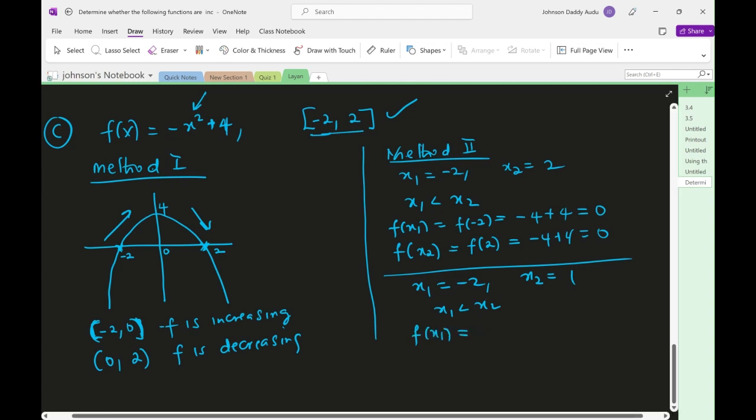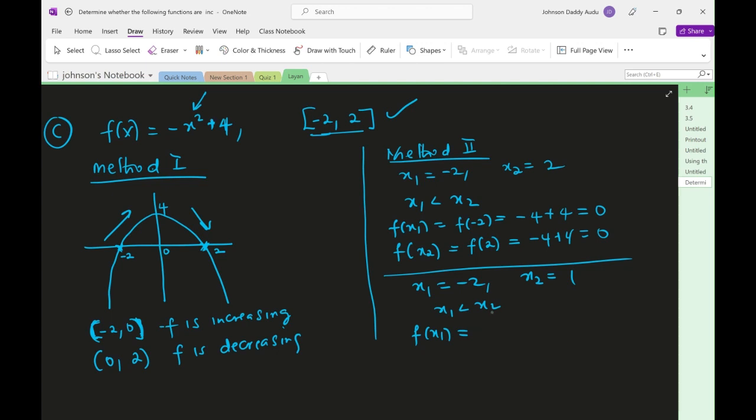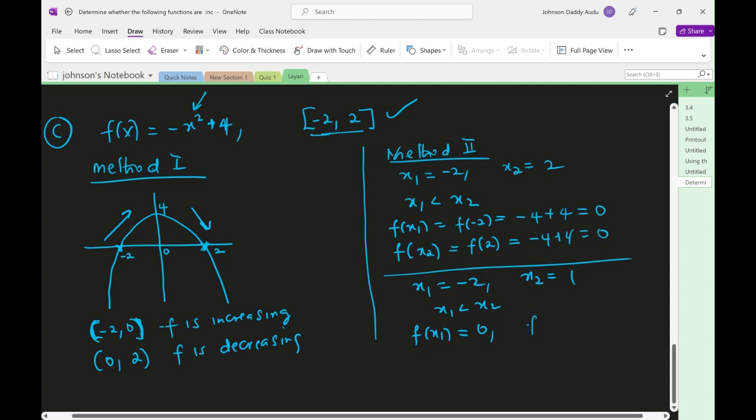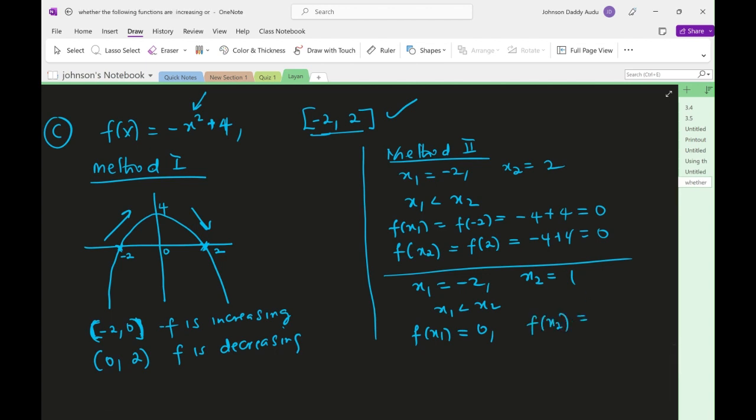F of x1, put -2 there, is going to be 0. But what is f of x2? No, sorry, x2 is 1. So put 1 here. You're going to have -1 plus 4, which is going to be 3.